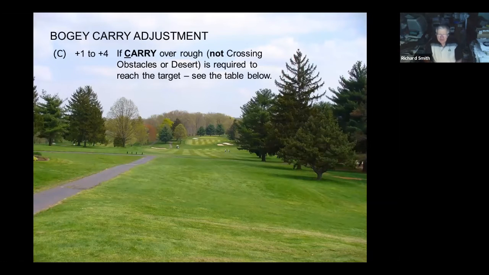We also have in the R&R area the bogey carry adjustment, typically found from some of the longer tee sets that maybe bogeys don't usually play, but we have to rate them anyway. You might get the situation where the bogey golfer can't even carry his or her tee shot to the fairway height area.